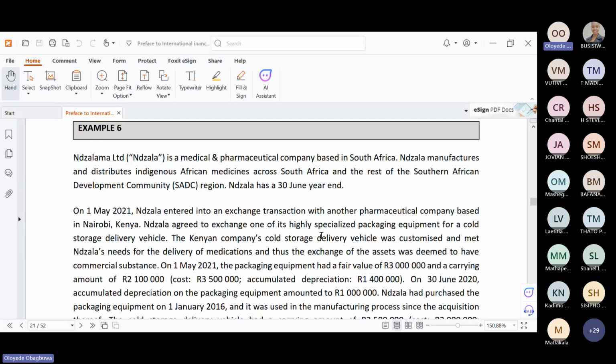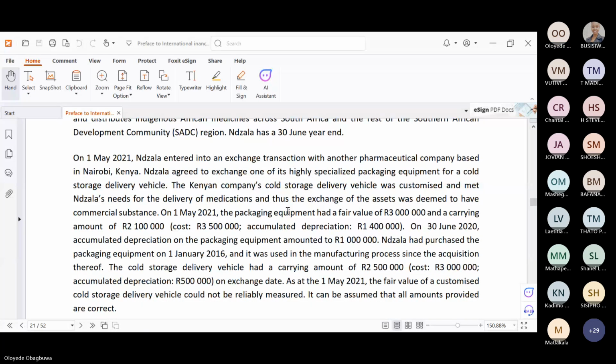Inzalama Limited is a medical and pharmaceutical company based in South Africa. Inzala manufactures and distributes indigenous African medicine across South Africa and the rest of the Southern African Development Community region. Inzala has a 30 June year-end. On 1st May 2021, Inzala entered into an exchange transaction with another pharmaceutical company based in Nairobi, Kenya.